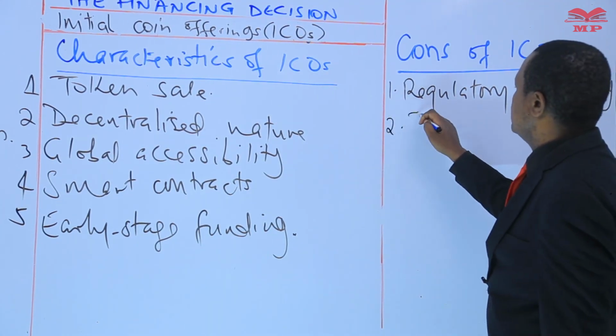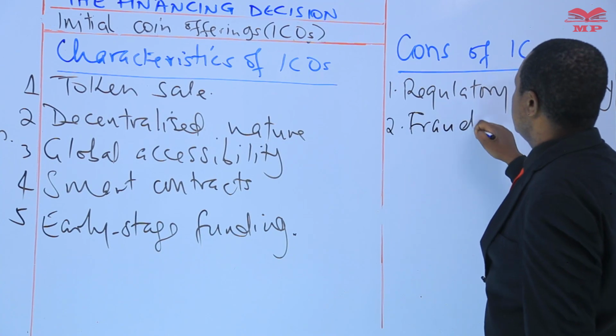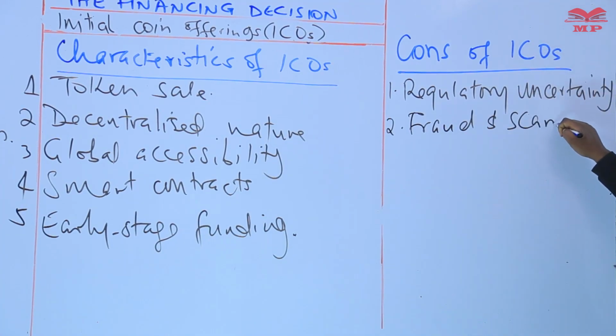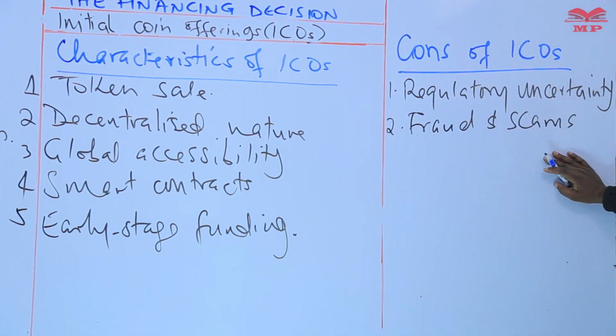2, fraud and scams is yet another disadvantage of ICOs. The ICO space has experienced instances of fraud and scams, where dishonest actors launch fake projects to deceive investors.